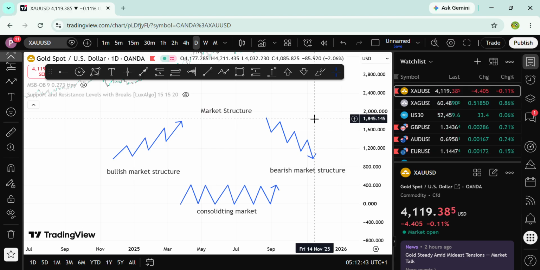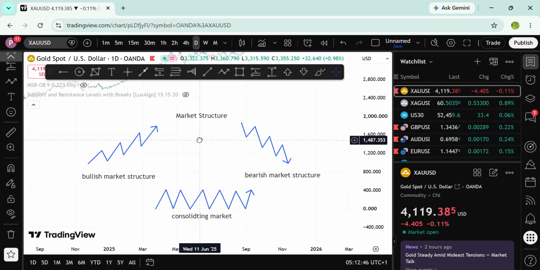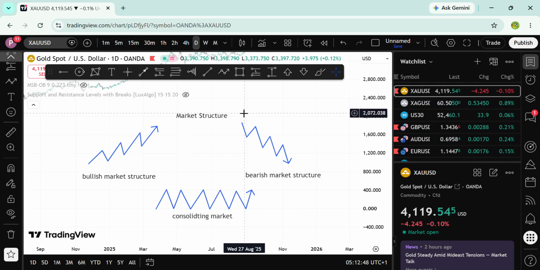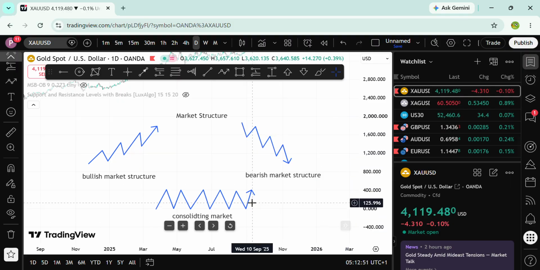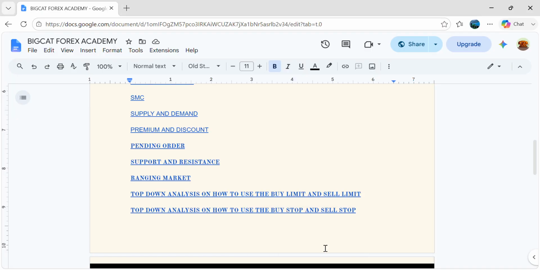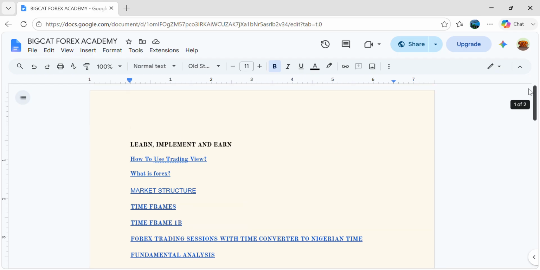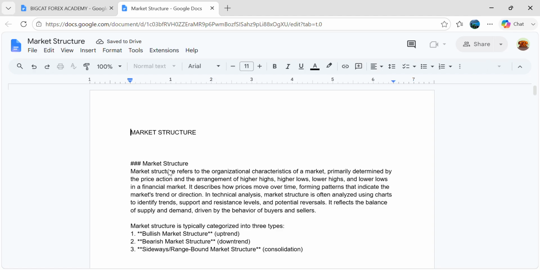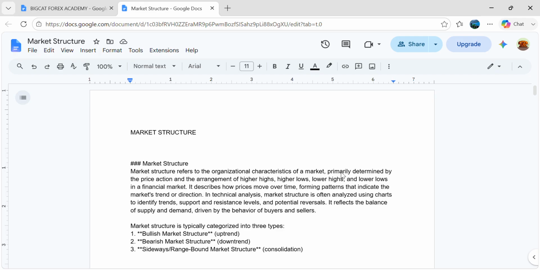So I'll just go into the business of the day to teach you what market structure is. Market structure is the directional movement of the chart, either for the buy side or for the sell side. Let me show you what it says here. It says market structure refers to the organizational characteristics of a market primarily determined by the price action and the arrangement of higher highs, higher lows, lower highs, and lower lows in a financial market.